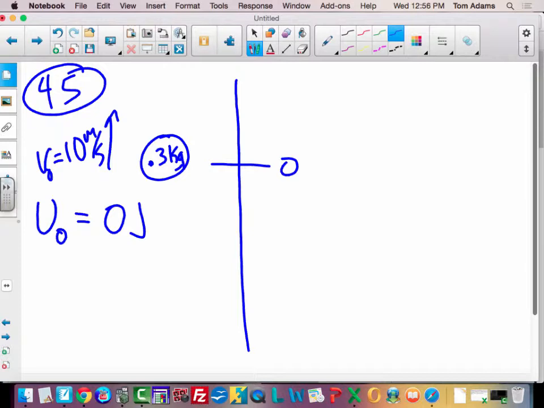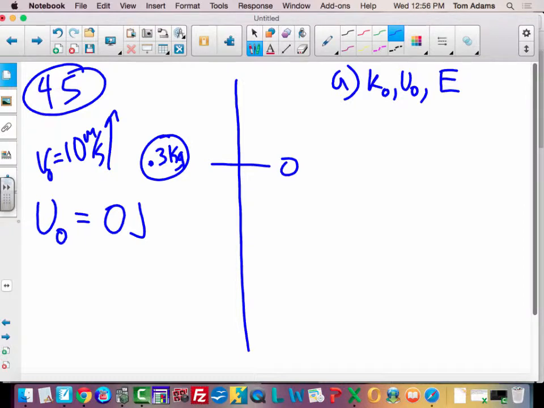So for part A, we need the initial kinetic energy, the initial potential energy, which they kind of give us, and then we also need the mechanical energy. In your textbook, the mechanical energy is given as E, okay?